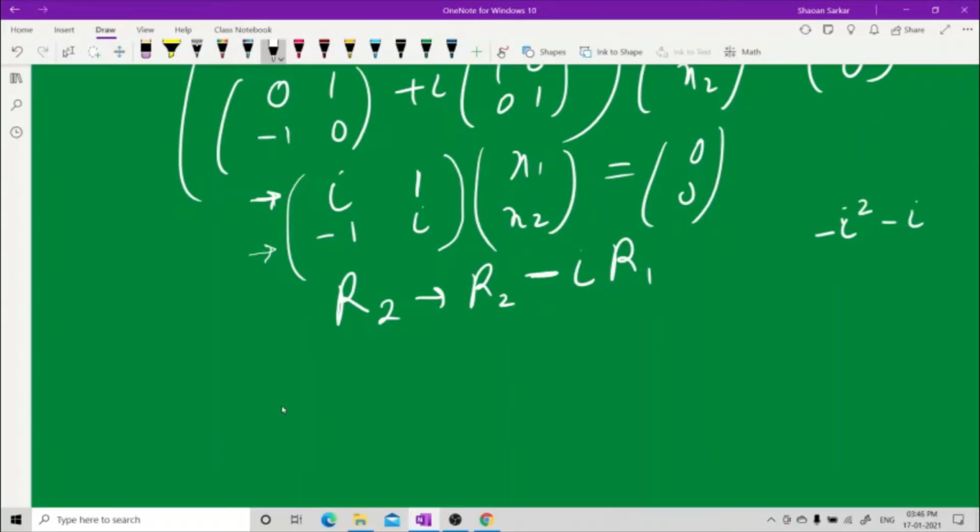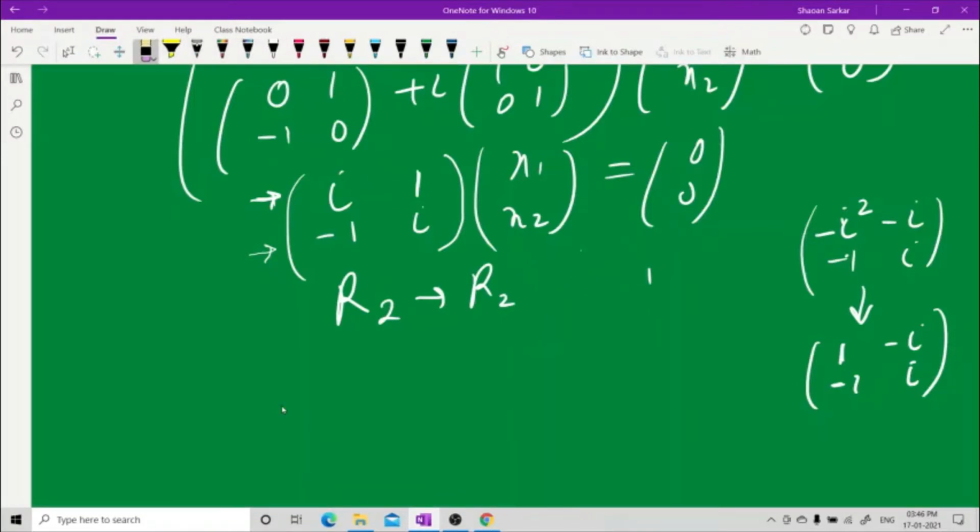So I'm copying this matrix. Now when I am adding them, basically this is minus. Let me rewrite it more clearly. Wait. This is plus minus i of R1 actually.